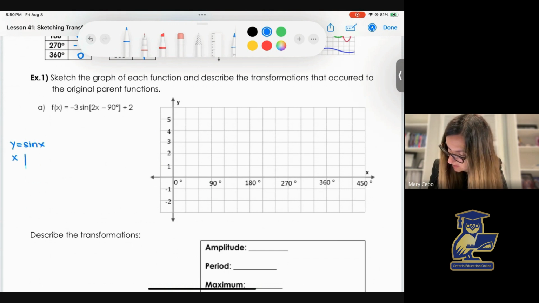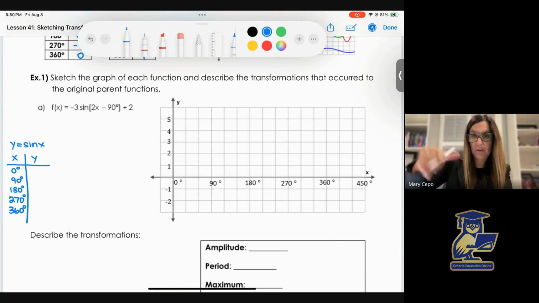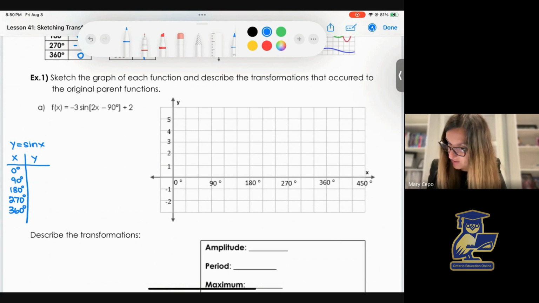We know again, it's 0 degrees, 90 degrees, 180 degrees, 270 degrees, and then back at 360. So think of the quadrants, 0, 90, 180, 270, 360. Keep adding 90. So we know that was at 0, 1, 0, -1, and then 0.